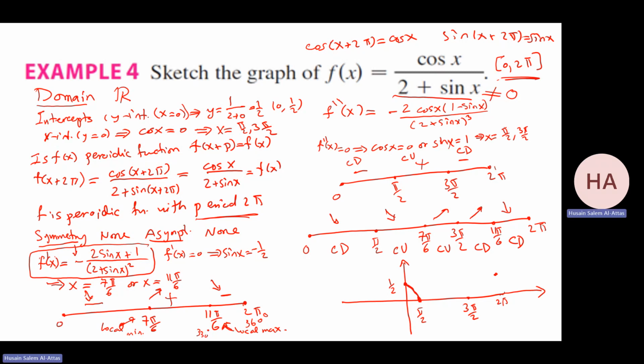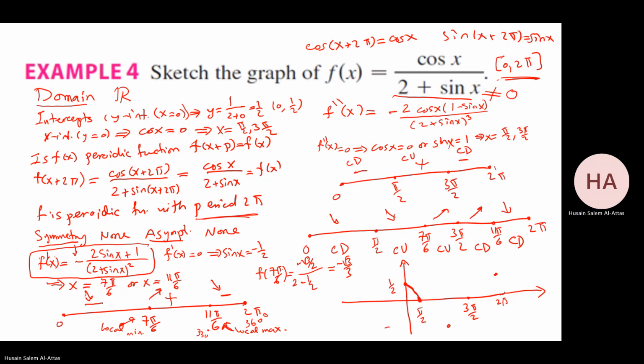Between pi over 2 and 3 pi over 2, notice until 7 pi over 6, so I need to check f of 7 pi over 6. Cosine is minus square root 3 over 2, and that will be 2 plus or minus, because 7 pi over 6 in the third quadrant is negative. That gives me 3 over 2 minus square root 3 over 3, so it will be somewhere here.